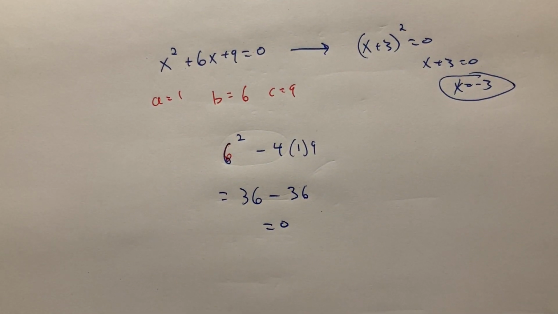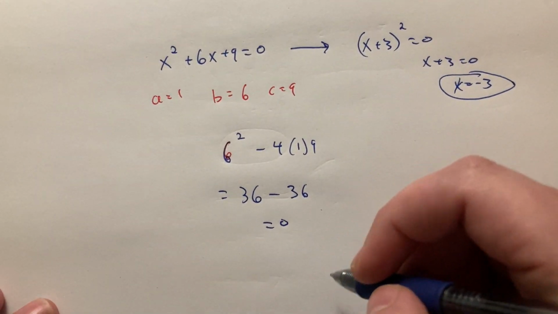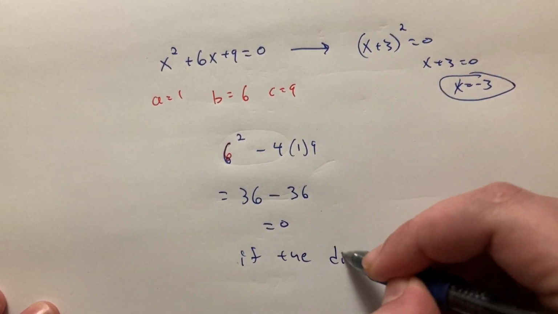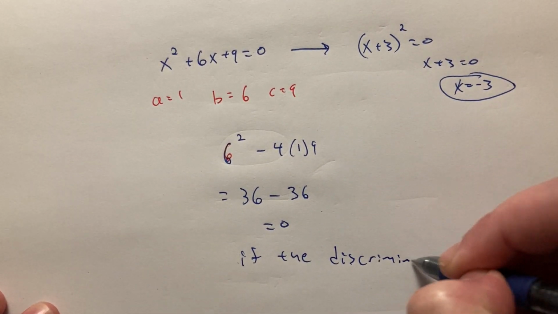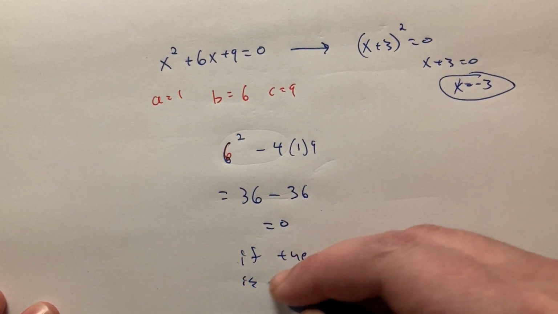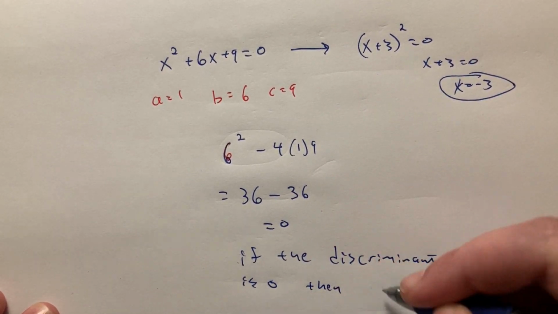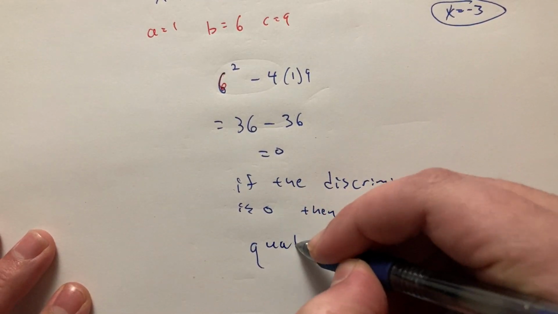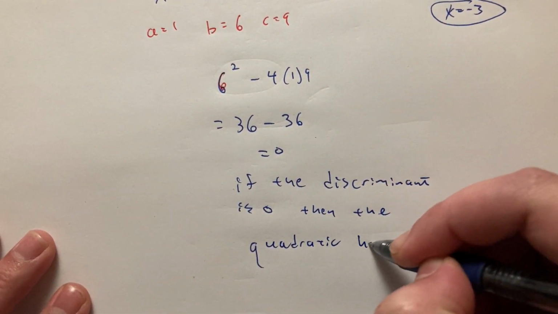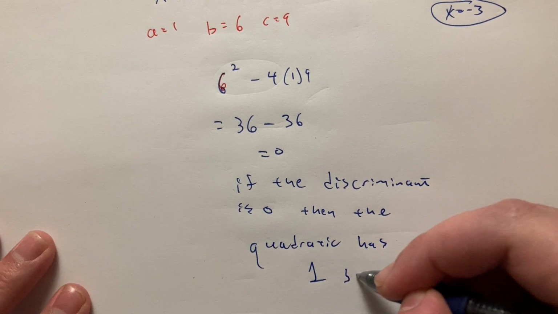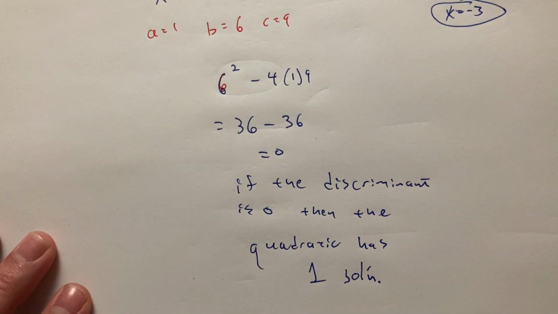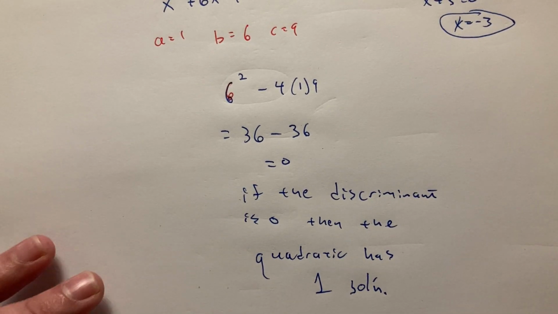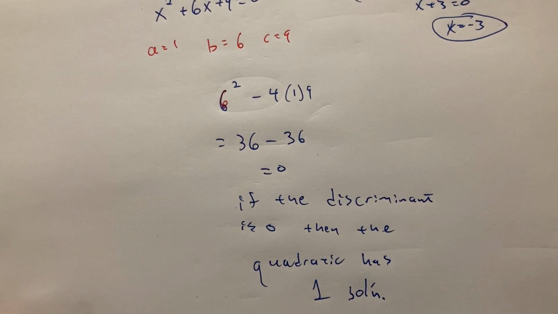So now that tells us that if the discriminant is 0, then the quadratic has one solution. All right, I'm not going to write this out every time. This video is already 11 minutes long. My gosh.